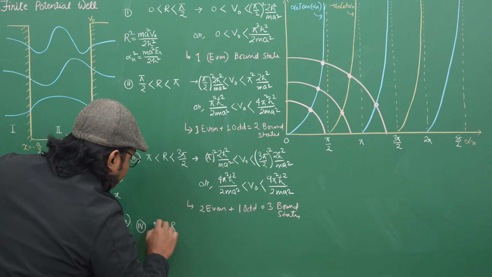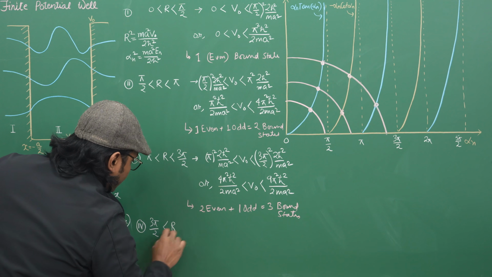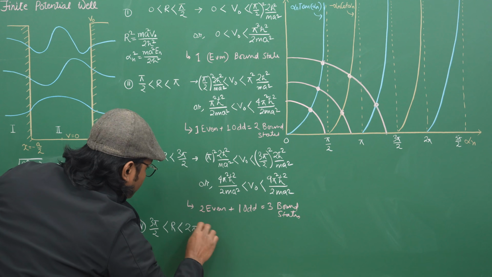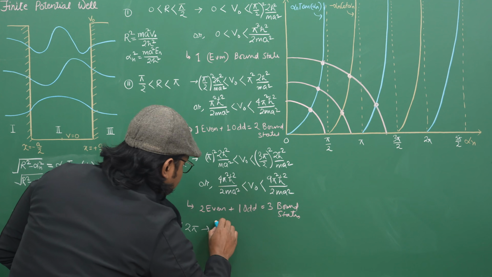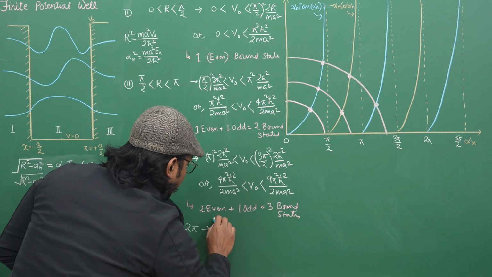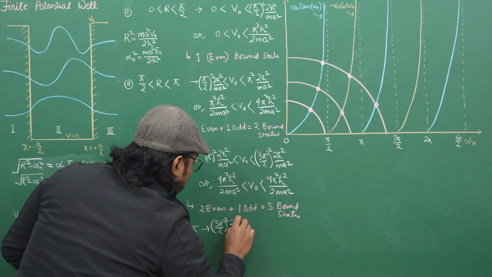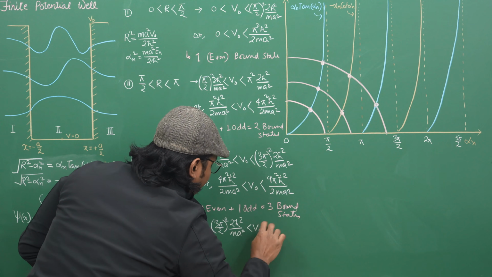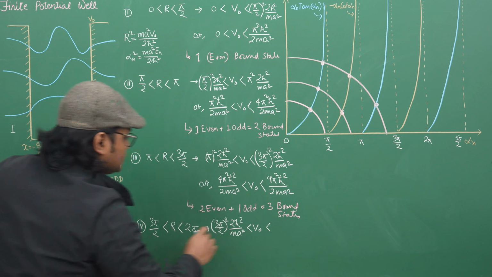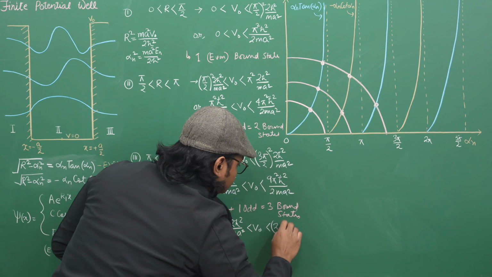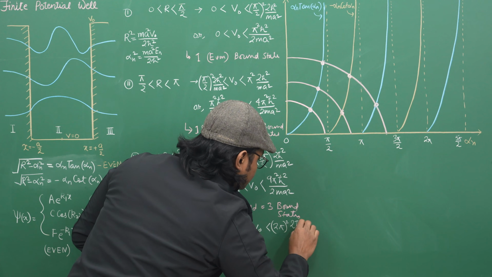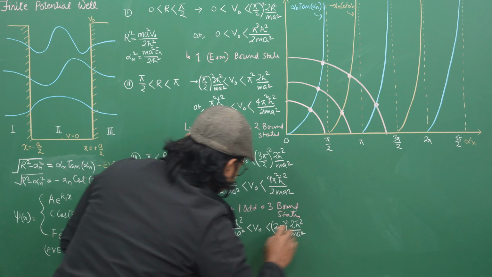But if we increase the depth even further so that r is now greater than 3 pi by 2 but less than 2 pi. So this is essentially 3 pi by 2 square into 2h cross square upon ma square less than V naught less than 2 pi square into 2h cross square upon ma square.